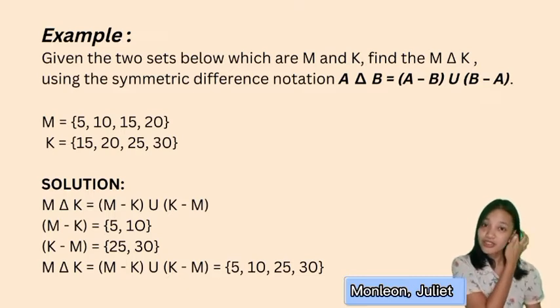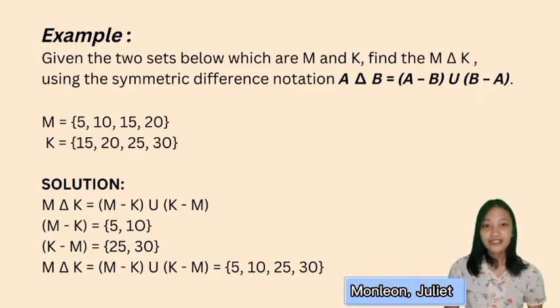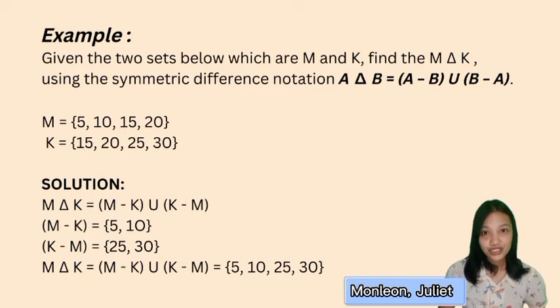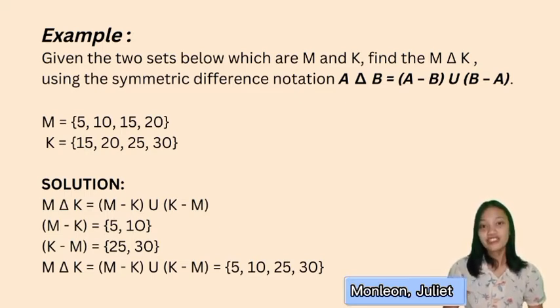The given example states that given the two sets below, which are M and K, find the symmetric difference of M with respect to K using the notation A delta B is equal to A minus B union B minus A. So set M is composed of the elements 5, 10, 15, 20, while set K contains the elements 15, 20, 25, and 30.